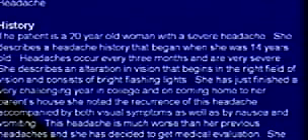Chief complaint, headache. Patient is a 20-year-old woman with a severe headache. She describes a headache history that began when she was 14 years old. Headaches occur every 3 months and are very severe. She describes an alteration in vision that begins in the right field of vision and consists of bright flashing lights.